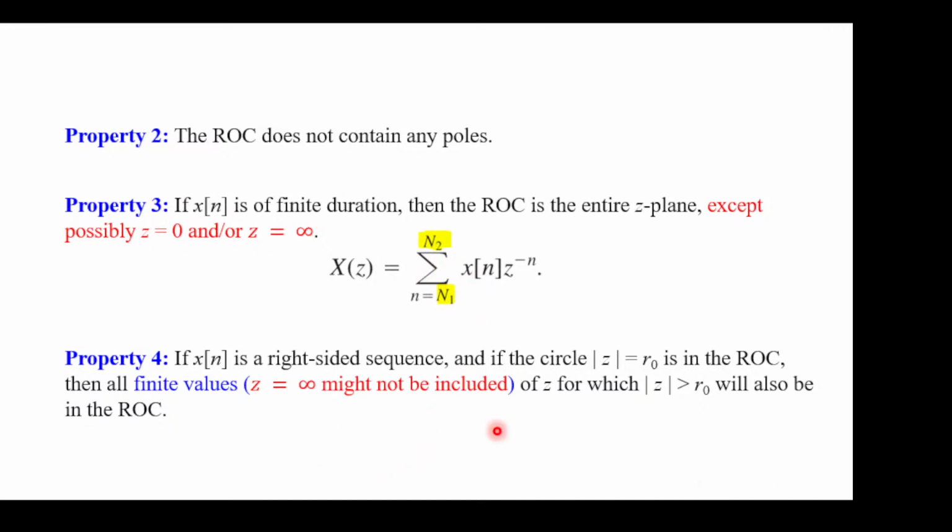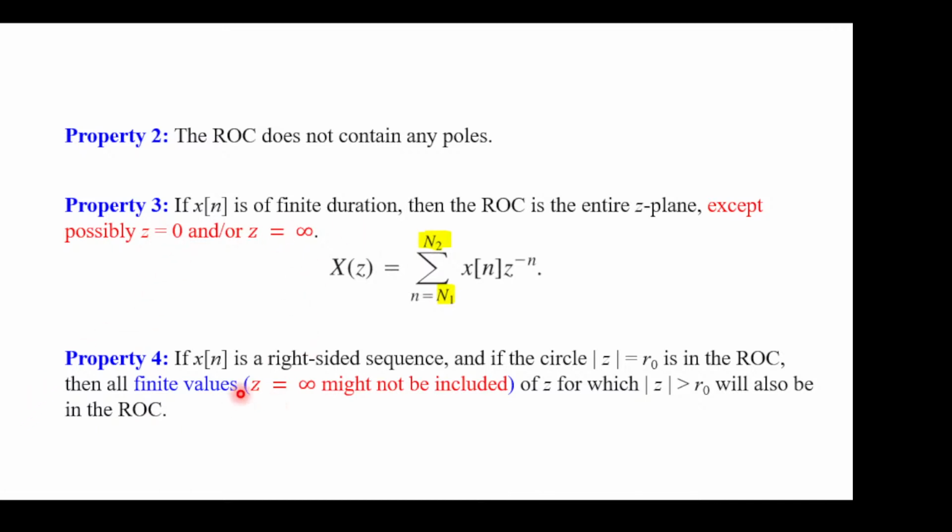Then similarly, property 4, for right-sided sequences, similar to the Laplace transform. The Laplace transform says for a right-sided signal your ROC is right-sided. Here for the z transform, if the sequence is right-sided, then the ROC is the outer region, outside of some circle.